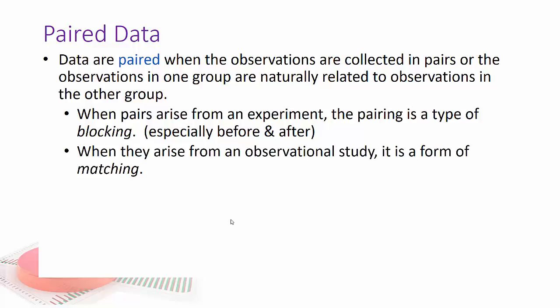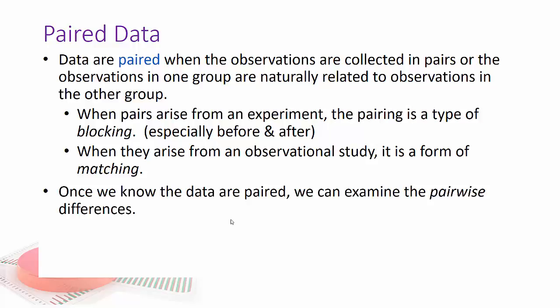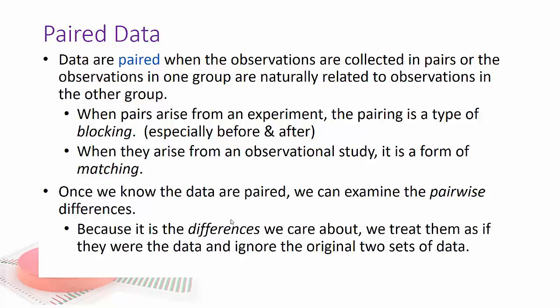All right. It can also arise from an observational study. So it's a form of matching. Once we know the data are paired, we can examine the pairwise differences. And it's because we care about the differences. For example, if I was looking at plants, some in great sunlight, some in not great sunlight, I'm going to get some big variation from the sunlight.